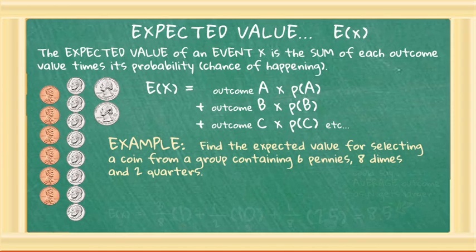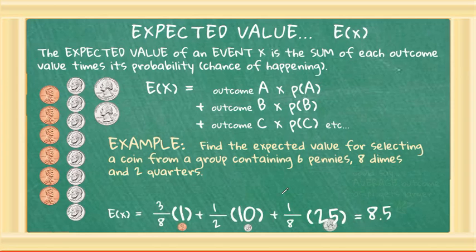Those are the only 3 things we could get, right? But expected value looks more at the general. It puts it all together and comes up with an average value that you should expect to get from here.